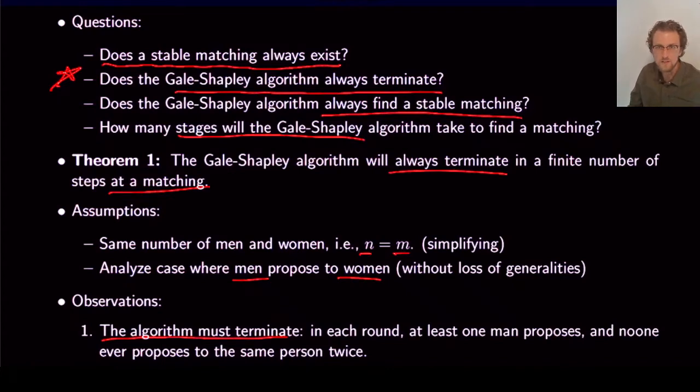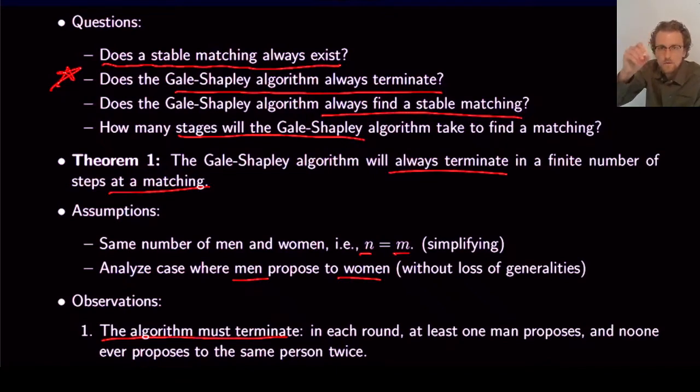That's the definition of a round. By the way, if we have a round where no one proposes, the only way that can happen is if no one was rejected in the previous round, which means that the algorithm terminated. So if our termination condition has not yet been met, then we know that there's at least one person proposing.